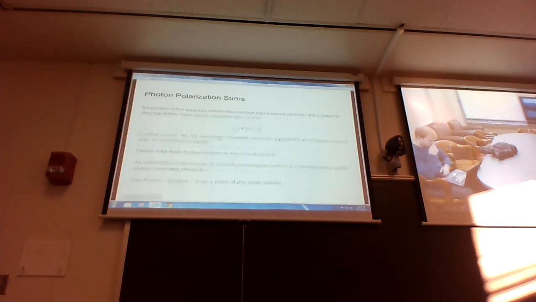This is called the Ward identity. So anytime you're computing a process that has external photons, it's always a good check, once you've written down the amplitude, to take your epsilon, replace it with momentum, and make sure that the amplitude vanishes.